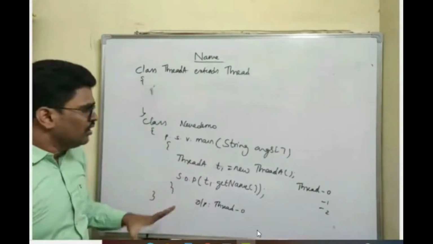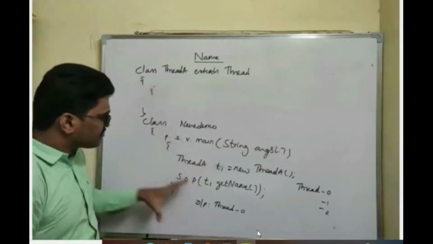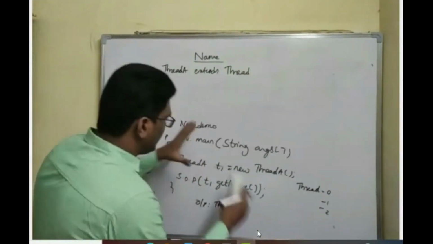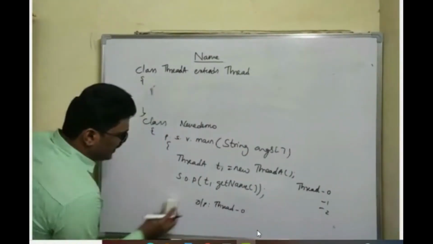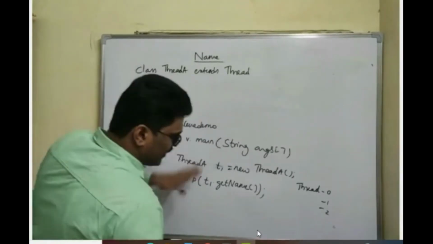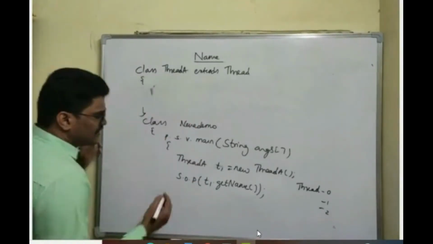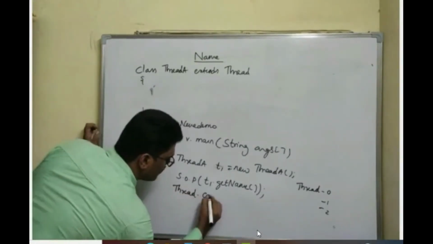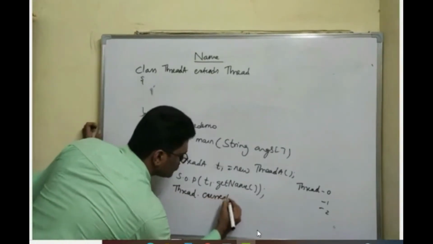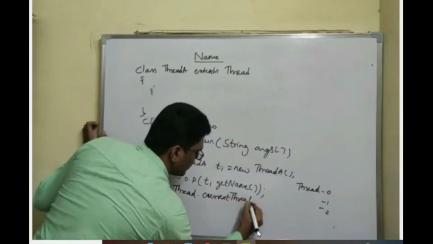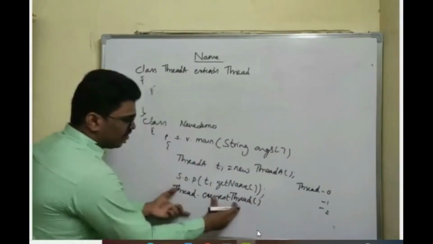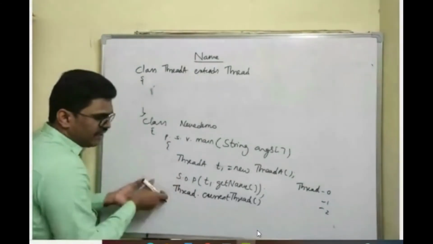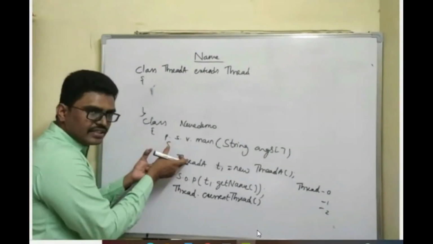Now how to get the name of your main thread. This is one main thread. How to get the name: you have a static method called currentThread. It will return the current thread object. What is the current thread here? Main thread. Current thread is my main thread.